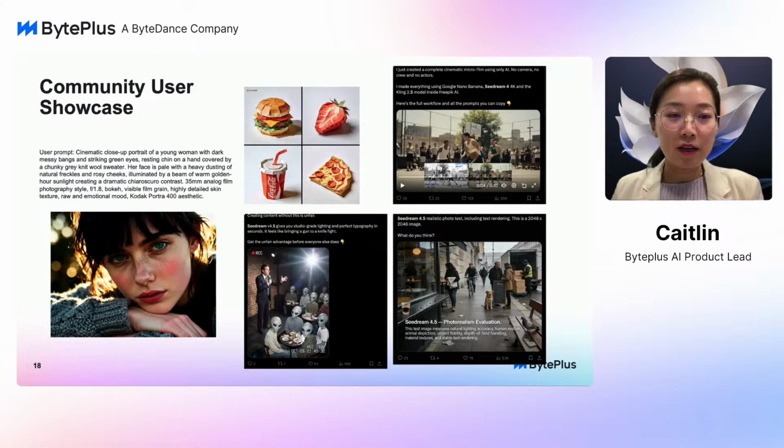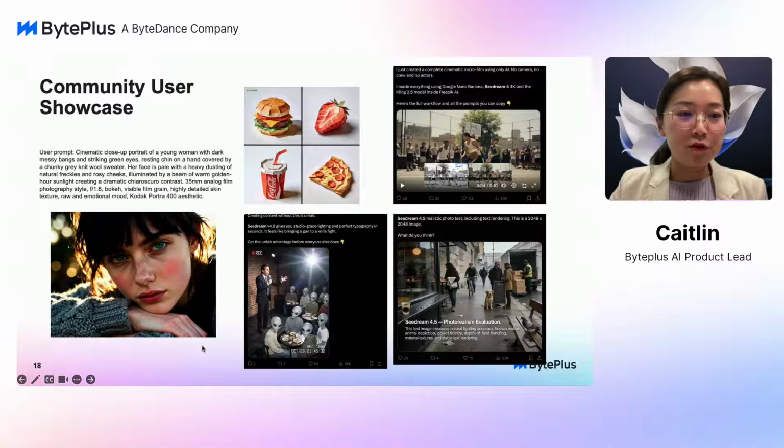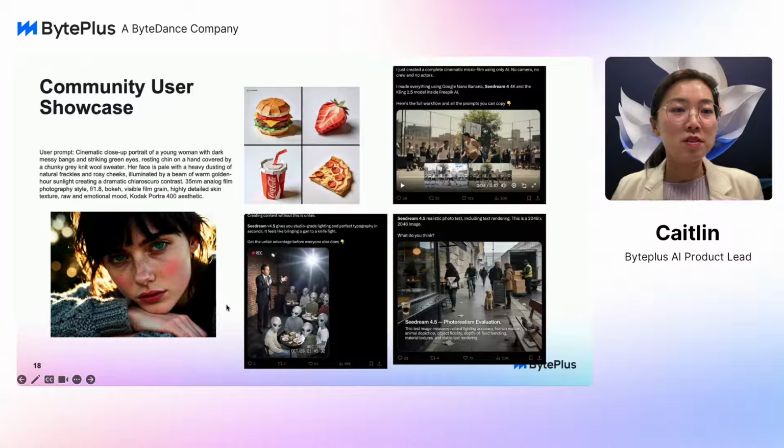It is very surprising, and a lot of these ideas are brilliant. So I put here, for example, I can come out with a close-up cinematic portrait of a young woman in this environment, right?